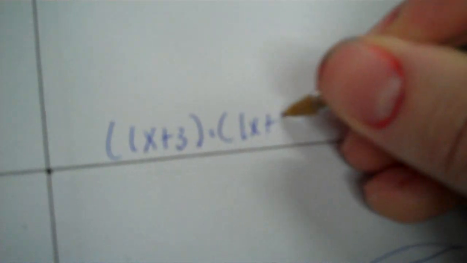Okay, remember this ABC has been converted into this. Remember, the numbers in front of the x's, 1 times 1 should be equal to your A. After the x's, 3 times 4, 12, that should be equal to your C, and both of those are true. 1x plus 3 times 1x plus 4 equals 0.